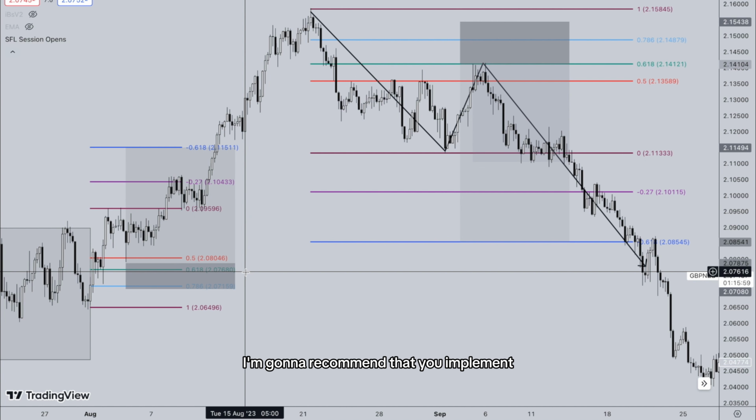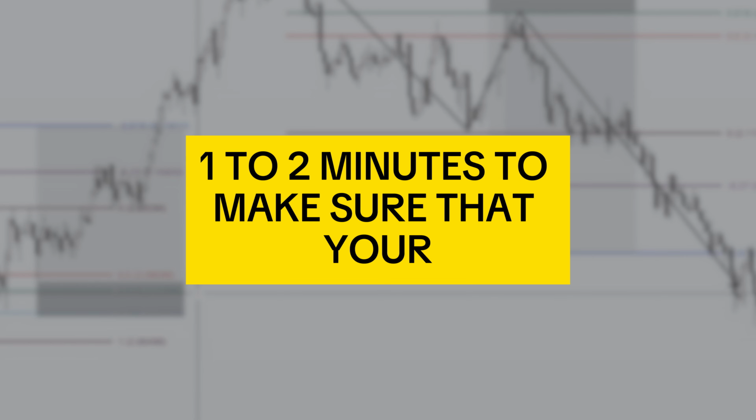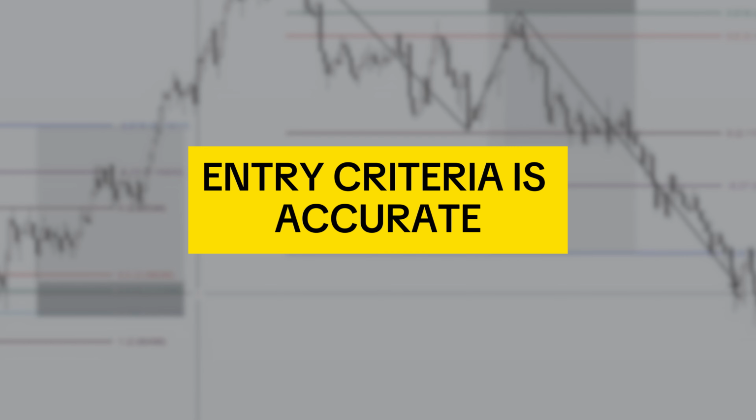I'm going to recommend that you implement the Fibonacci retracement tool into your strategy and backtest it at least 100 to 200 times on a demo account before you move into using it on a live account. So you draw the Fibonacci retracement tool on those time frames that I initially mentioned, but you can drop down to the 5 minutes or 1 to 2 minutes to make sure that your entry criteria is accurate.